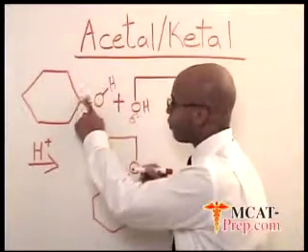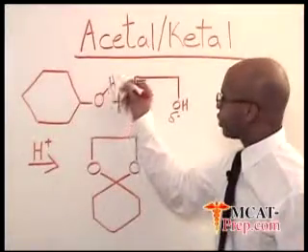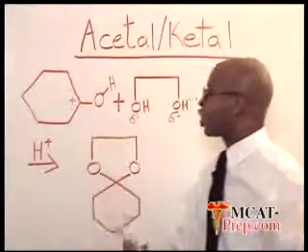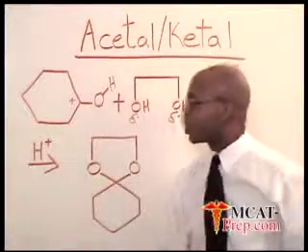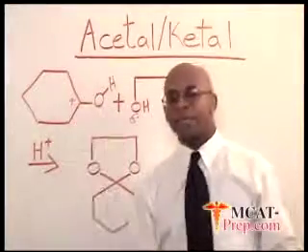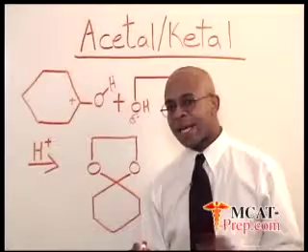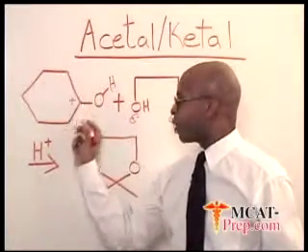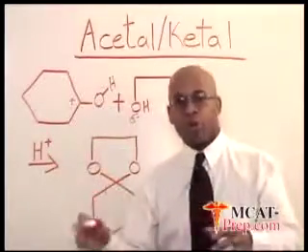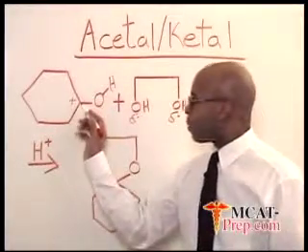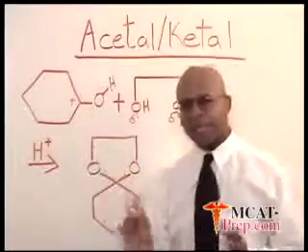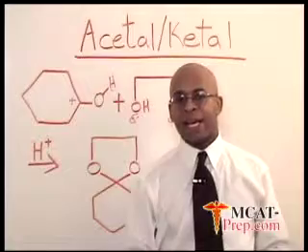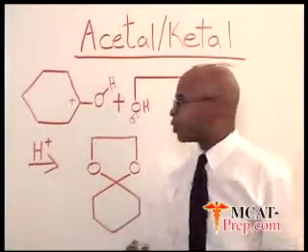This bond would therefore be broken in order to allow the oxygen to bond to the hydrogen. This carbon therefore becomes positively charged, a formal positive charge on this carbon. And this carbon would indeed be called a secondary carbocation. It would have two R groups, one R group up here, one R group down here. In other words, groups of alkanes that are bonded to this carbon, and therefore it's a secondary carbon, much more stable than it would have been had a primary carbocation been produced.